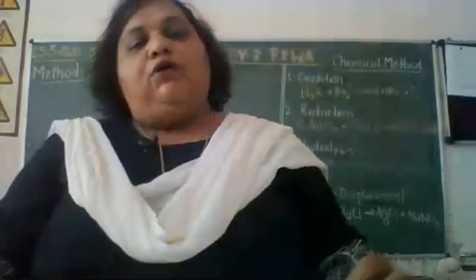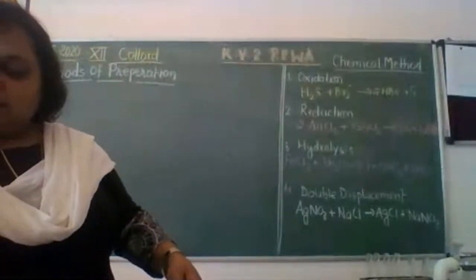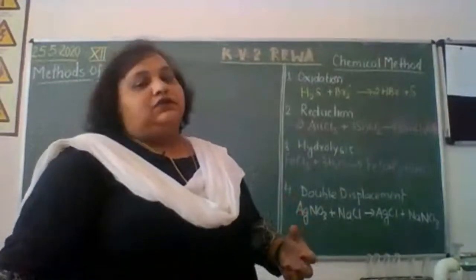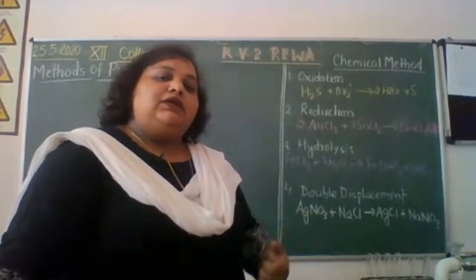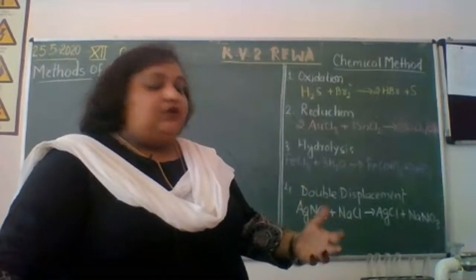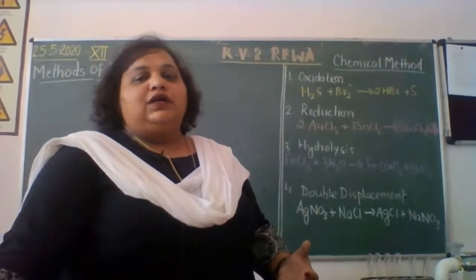Tyndall effect and Brownian motion, I will take these properties and discuss them with you later, okay? Then I discussed the different types of colloid on the basis of dispersion medium and dispersed phase. The solvent of the solution is equivalent to the dispersion medium here, and the dispersed phase is the solute, right?